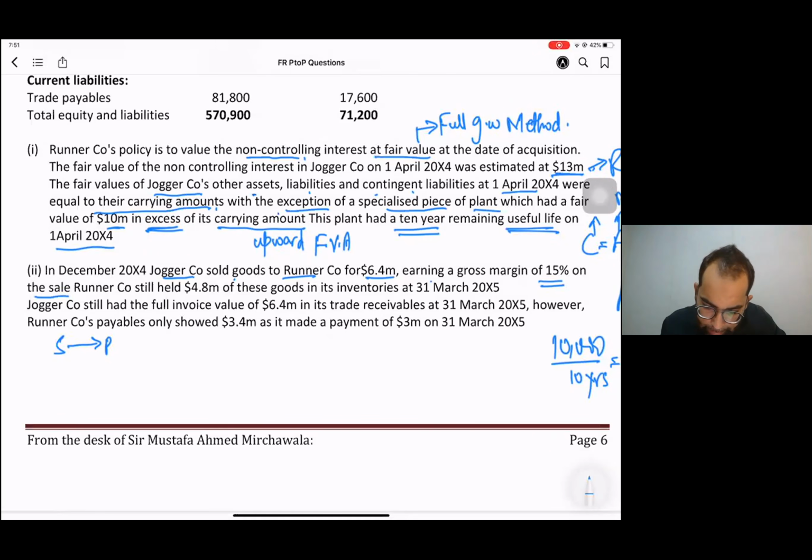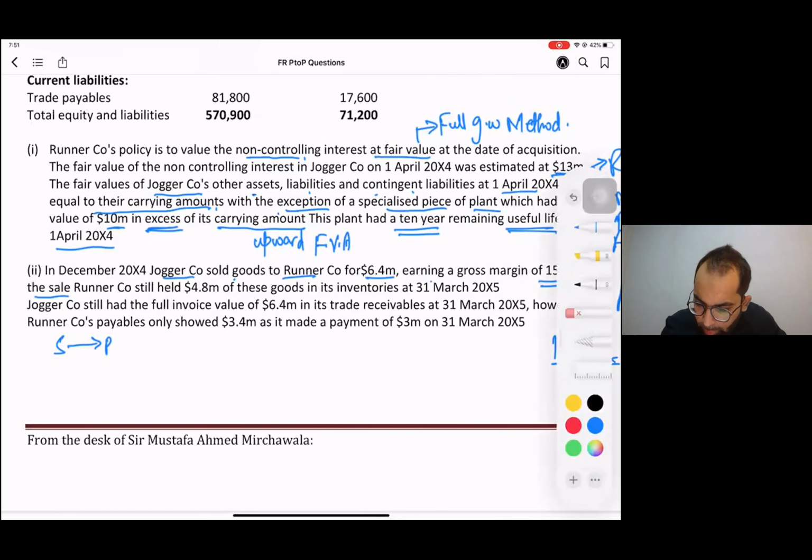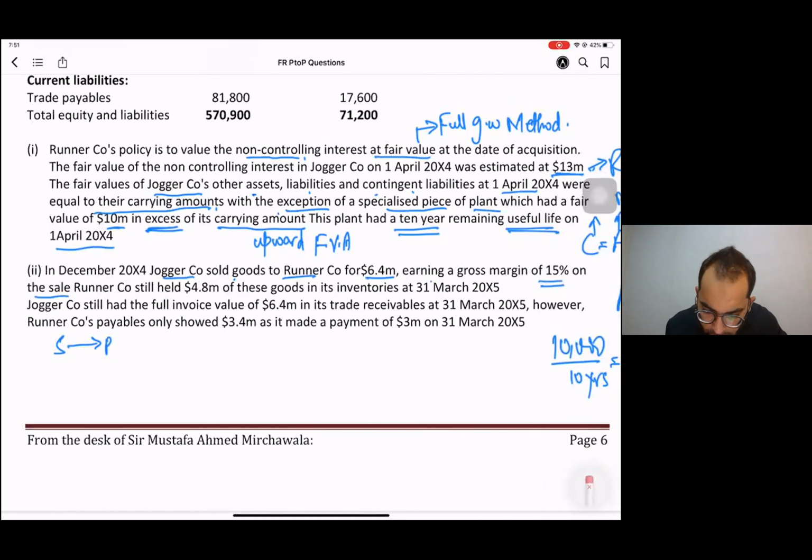Now, see the year end position: Runner company still held 4.8 million of these goods in inventories at 31st March X5.